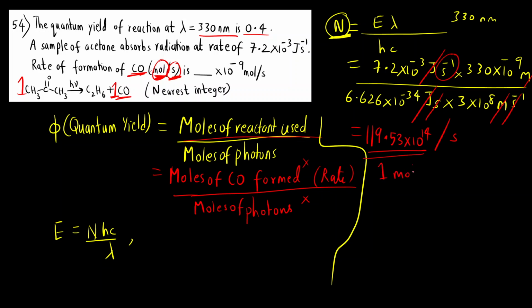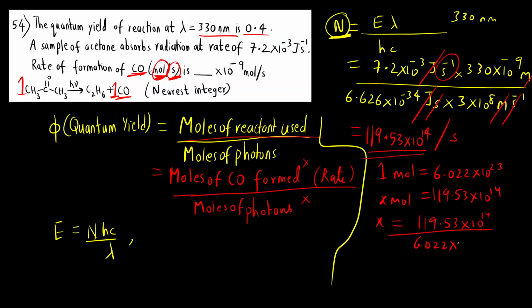We know 1 mole is how much? 6.022 into 10 raised to 23. So this many photons will be how much? 119.53 into 10 raised to 14 is, let's say, x mole. So moles of photons will be 119.53 into 10 raised to 14 divided by 6.022 into 10 raised to 23.